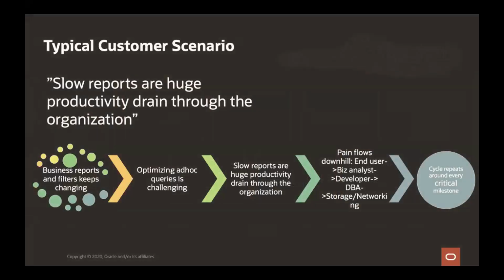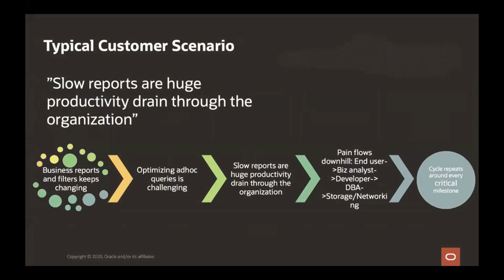This is a typical customer scenario, okay? And I took it directly from a customer who reported their problem. There are a lot of business reports and filters which keep on changing. And you can't create indexes on it because the filters and the predicates keep on changing, and optimizing those kinds of workloads is pretty complex, okay?